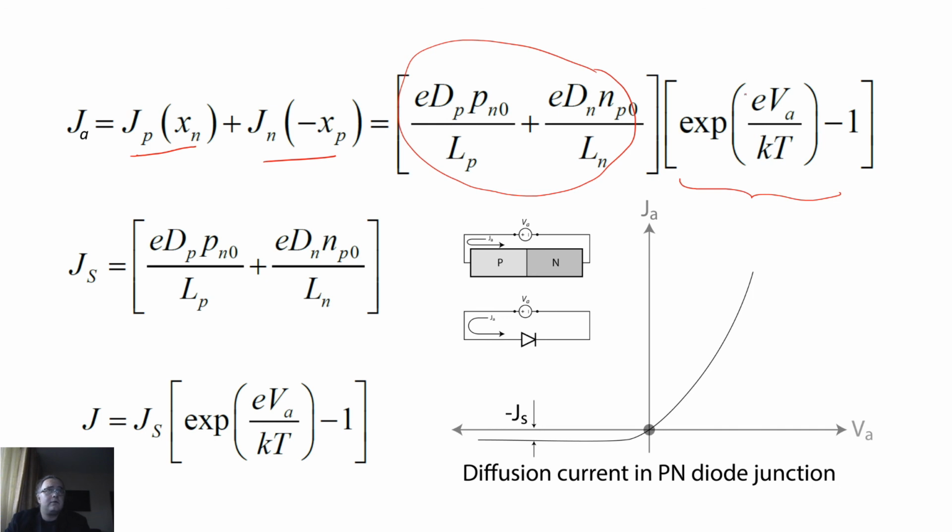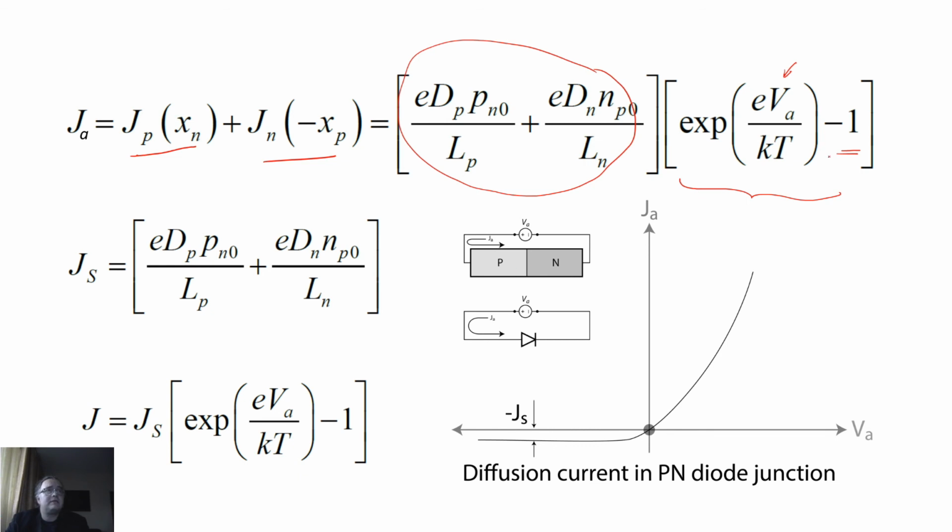Now, you see that if we put negative VAs, this term will become 0. And then the total current will saturate to this coefficient -1 and this coefficient. And this will be negative current, and this is the current in the reverse biased mode for negative voltages.